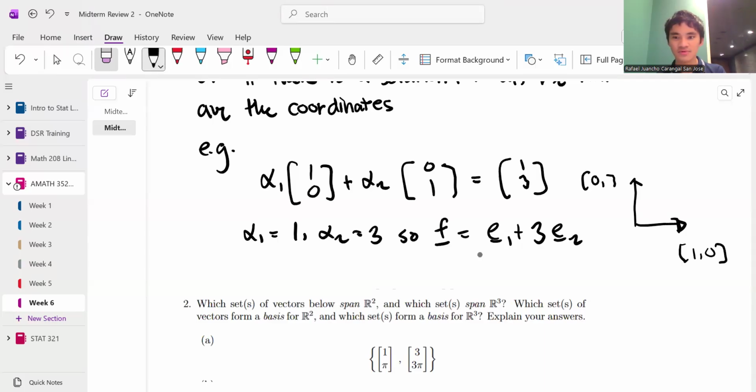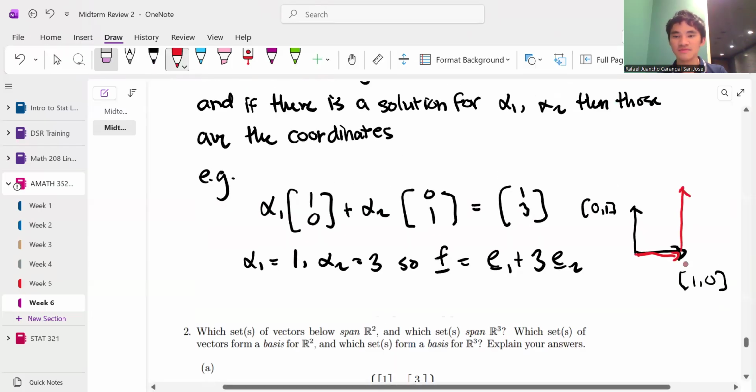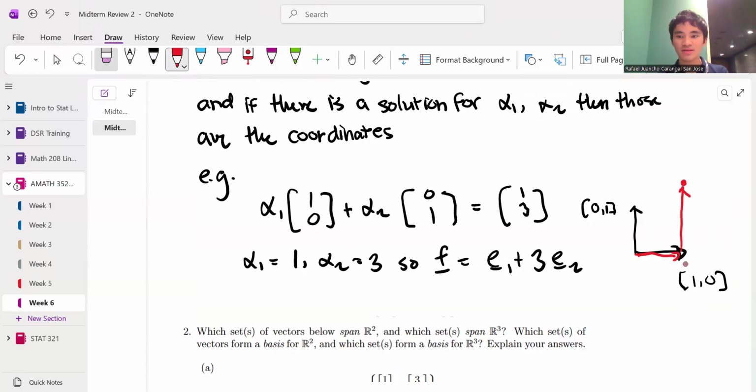This is 0, 1. And we want to get to 1, 3. So we go 1 and 3 up. This would give us that point, and that's how we get to that f. This here is f, and this has 1, 3.